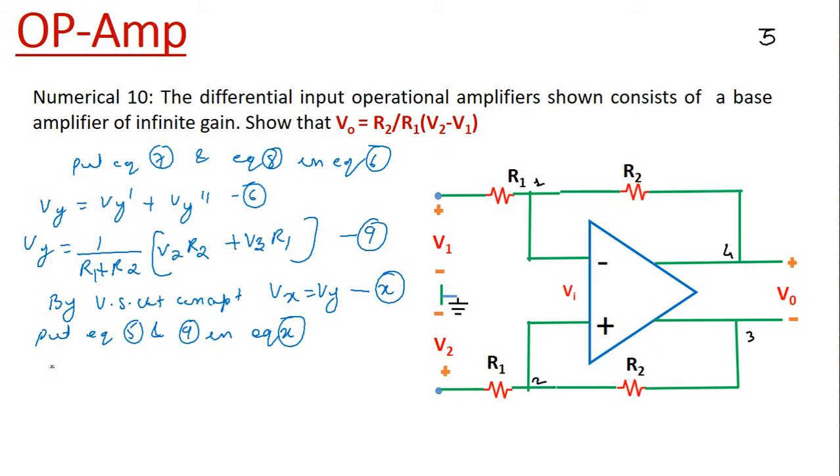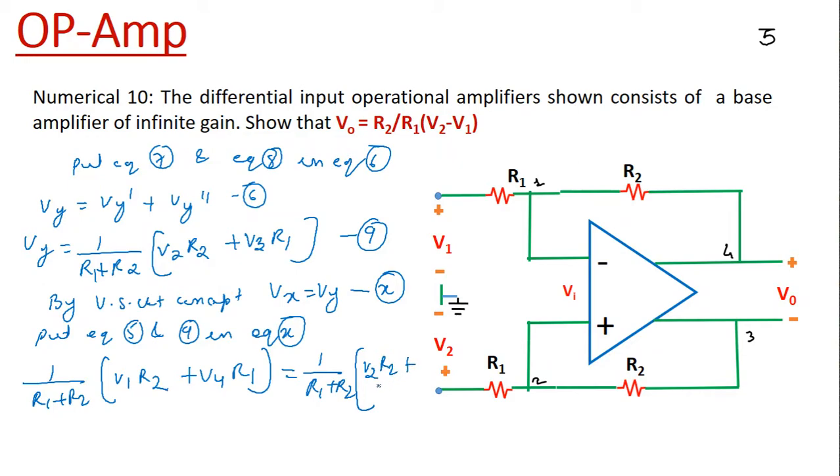Our equation number 5 was 1 upon R1 plus R2 whole multiplied by V1 R2 plus V4 R1, is equal to 1 upon R1 plus R2 whole multiplied by V2 R2 plus V3 R1.